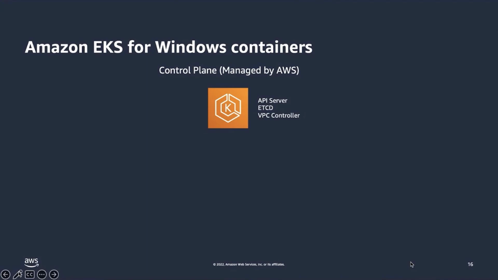But also for Windows containers, we deploy the VPC controller, which is responsible for giving your Windows containers, in the form of a pod, an IP from your VPC DHCP pool.